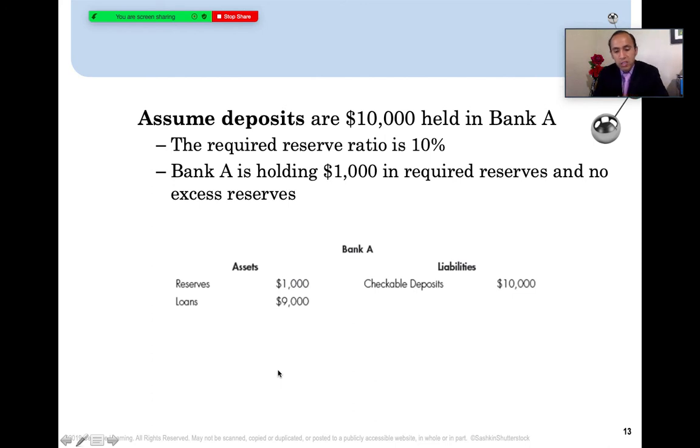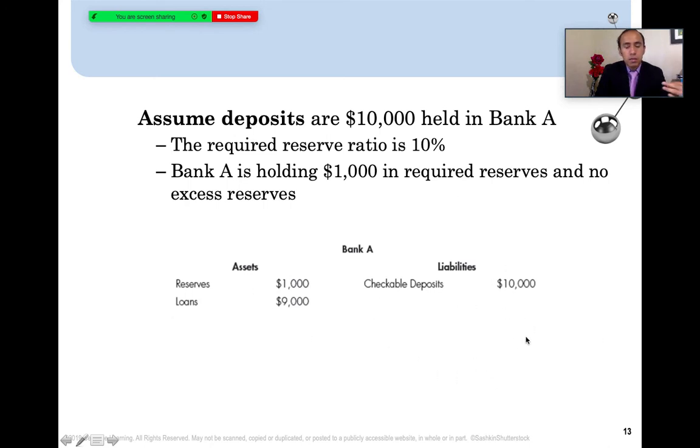If you're familiar with the balance sheet, it always, or traditionally, has assets equal liabilities. So here we have the reserves are $1,000 out of the $10,000 deposits. What the bank does with the extra $9,000 left, well, they lend it to the public, and those loans are going to generate interest, significant interest, return to the bank, which is an asset to them.